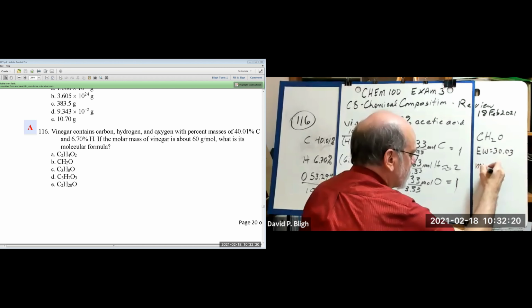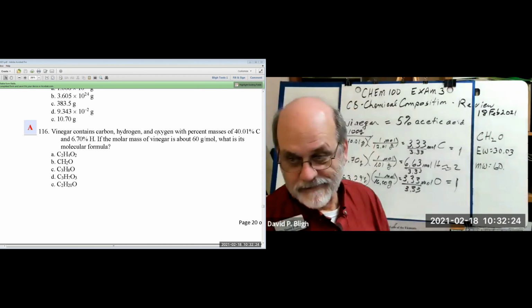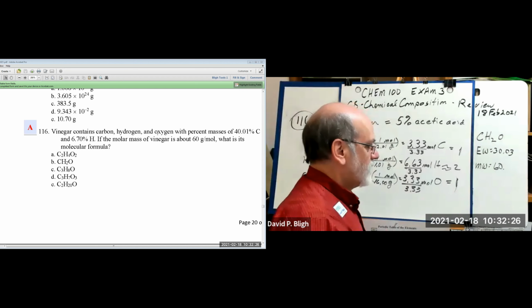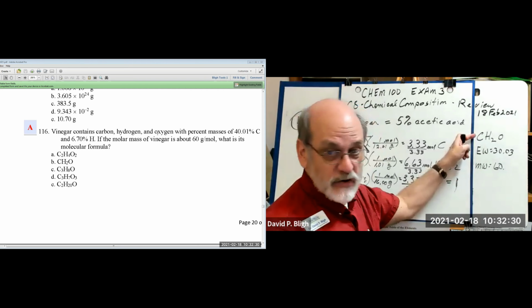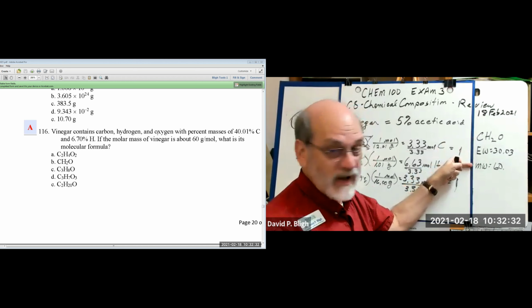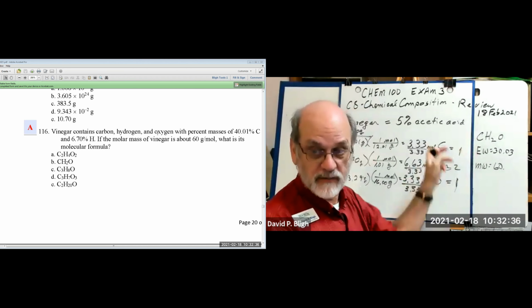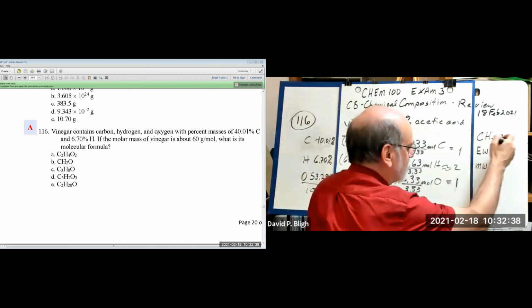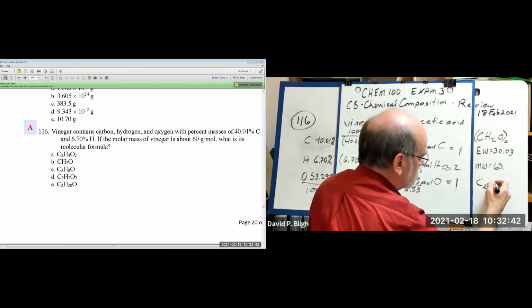The molecular weight, they said, was 60. So what's the multiplier? If we multiply that times 2, then we'll get this weight, because 2 times that gives us twice as many atoms. So if we multiply this by 2, we get C2H4O2.